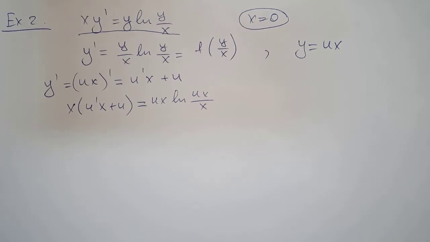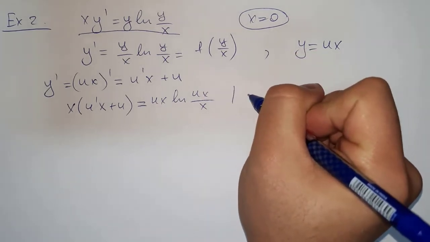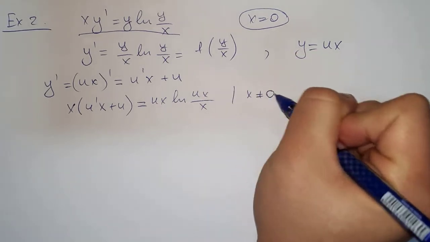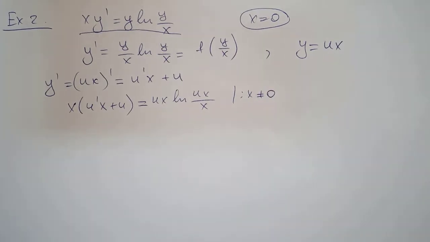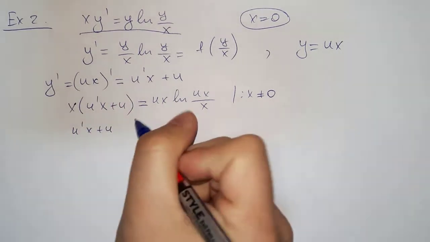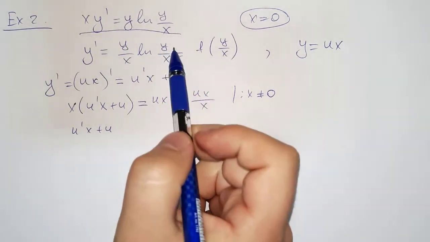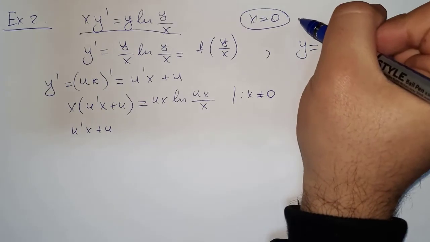So now divide by x, which is not equal to 0. We'll get the next expression: u' x plus u. We need to check it. However, here x is 0, it's not from our domain.